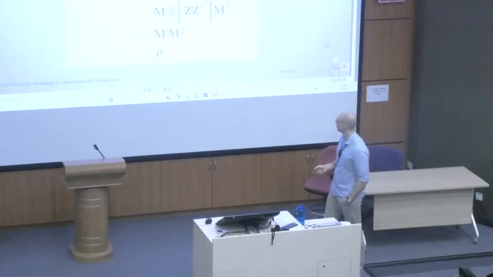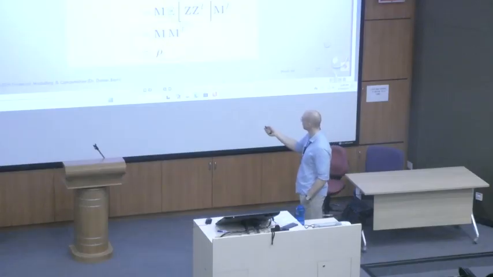Transposed multiplication and transpose are not commutative, so with this you need to change the order, and expectation is linear, so you take M out, and so forth.